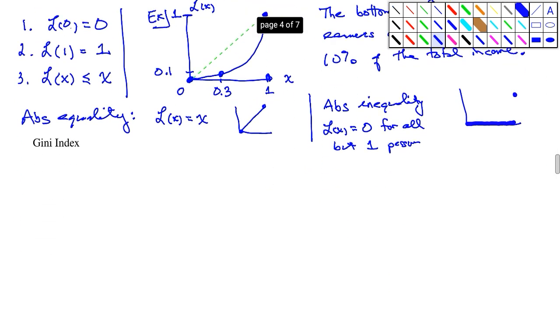Now, what can we do with the Lorenz curve? Well, an Italian economist around the turn of the 19th to 20th century named Gini came up with a way of interpreting the Lorenz curve to make more measurements. And so the Gini Index is what they call it now, is a measurement of income concentration.